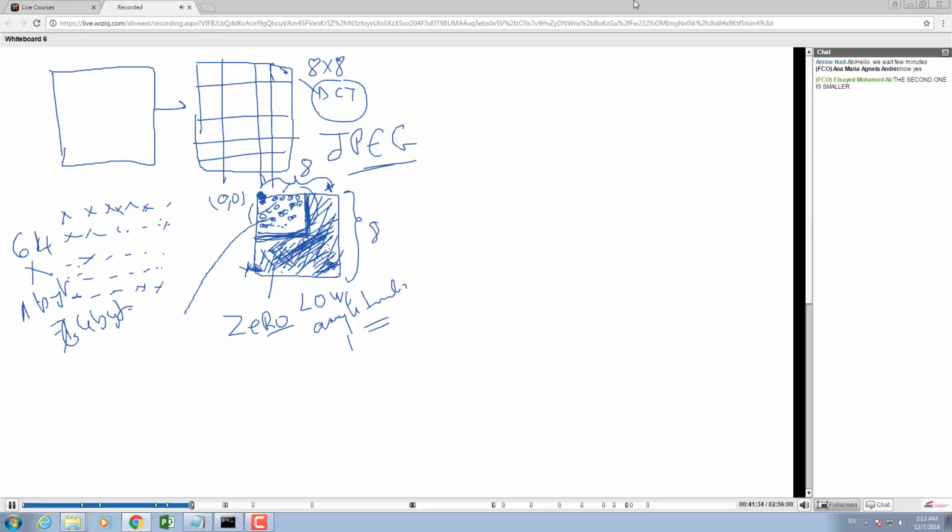So when you compress your image a lot, the compression ratio will be interesting for us, but the quality may be reduced.